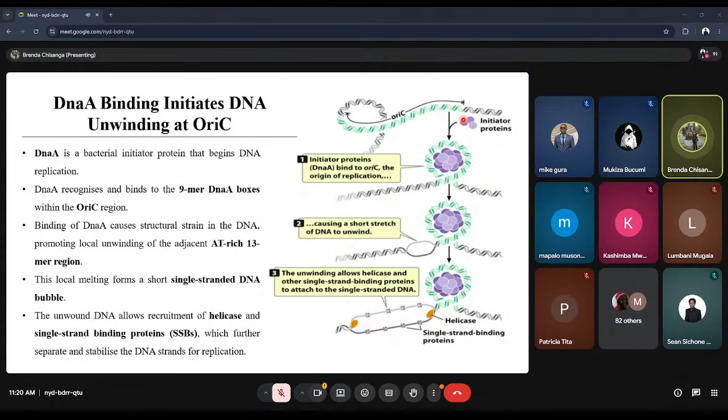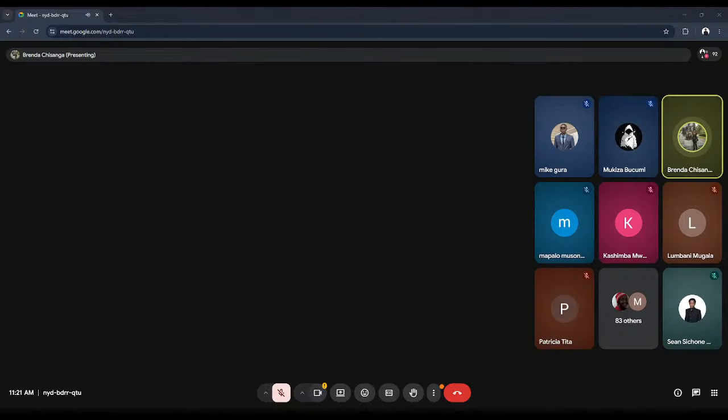But remember, the oriC has a 9-mer and a 13-mer. So which one of these is recognized first? It is the 9-mer. Why? Because the 9-mer has a DnaA box, like trying to say, it has a binding site for this protein that we're referring to as DnaA.